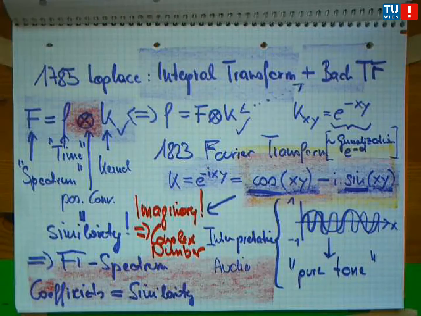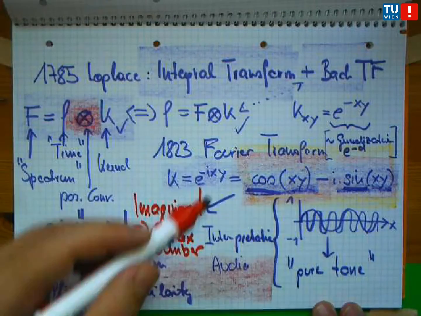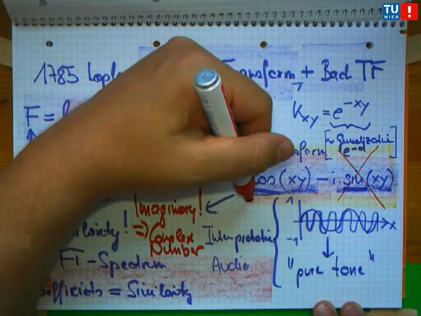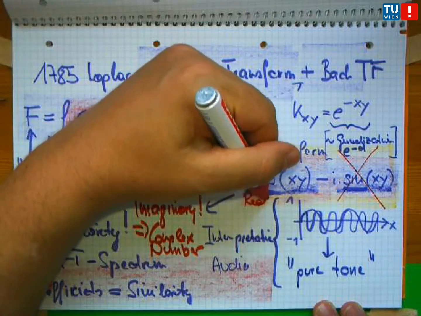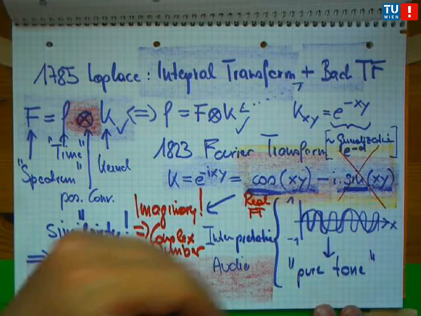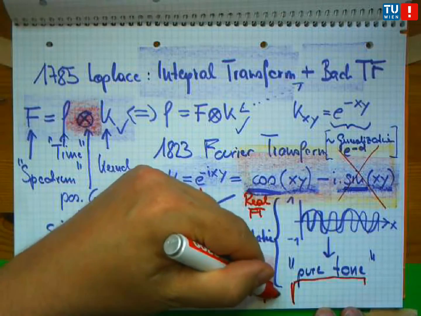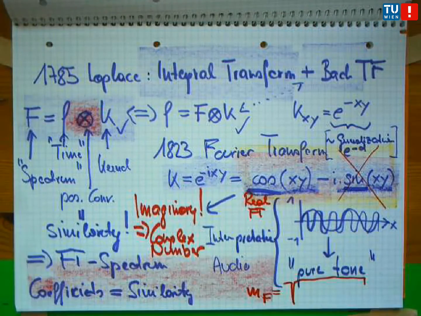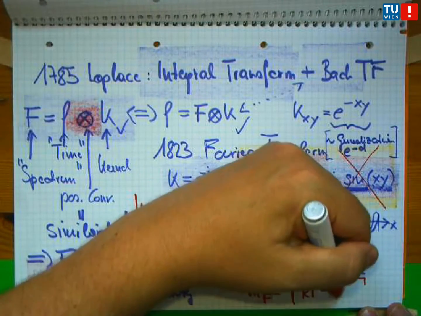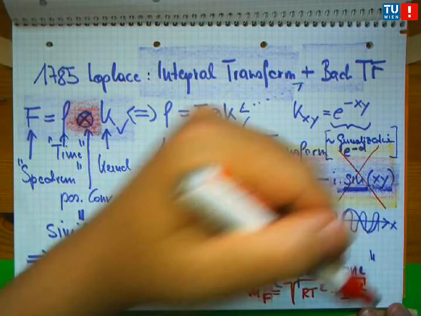So, how do we deal with that? The usual way to deal with that is twofold. One is, in the audio domain, to throw away the sine part and just use the so-called real FT. I will show you examples for that in a minute. That is one way. The more common way is to take the so-called magnitude of the spectrum by computing the Pythagorean of the real part plus the imaginary part.